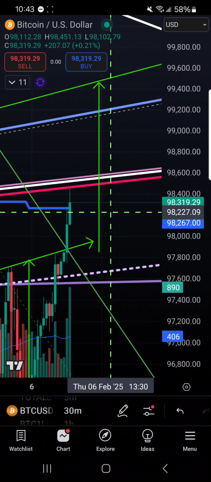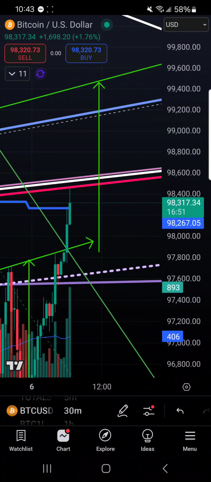So it's a range, but it does look like we are getting rejected off the red line there. But try again. And we've got about 20 minutes left in the hour.